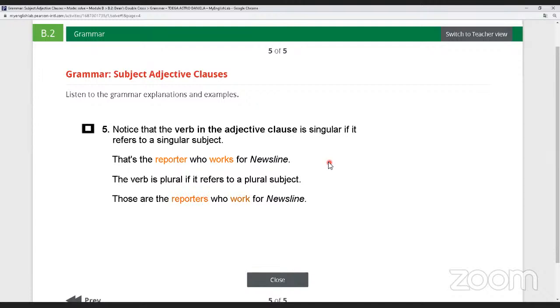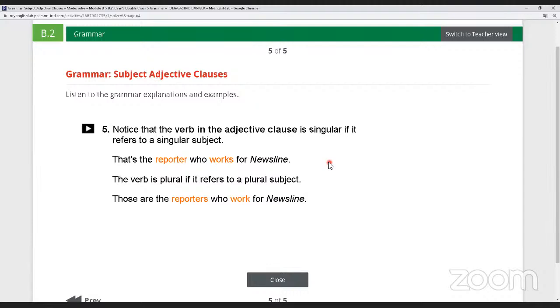Okay. Well, that's something that you already told me. You already asked about it, and you noticed that part. The only thing that is going to change in our adjective clause, that clause that is going to give us more information about the subject, is the verb. If I'm going to talk in third person, I have to add the rule of the third person.